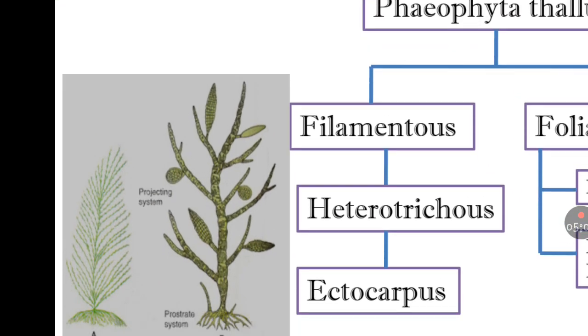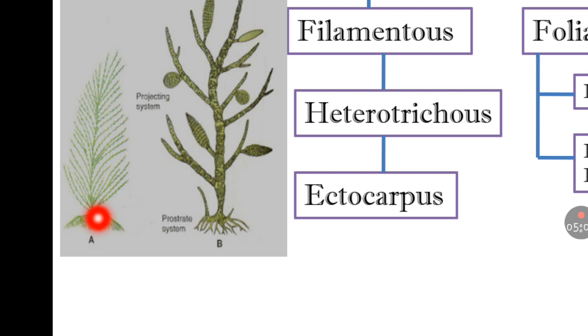So here you can see these filaments. Some filaments are growing upward away from the soil, and some filaments are going towards the soil, isn't it? So it is called prostrate system, and this is erect system. So filaments are of two types, therefore it is called heterotrichous kind of thallus.